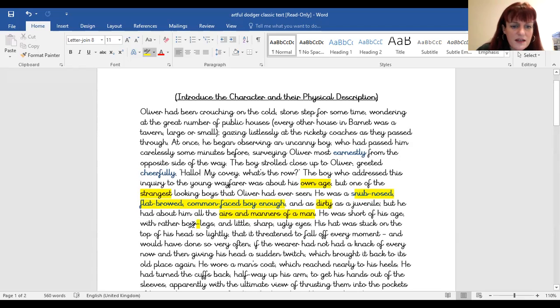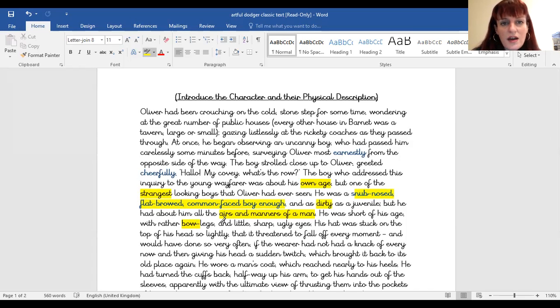It also tells us that he has bow legs. Okay, so bow legs, where they bend outwards, can be a sign of a disease called rickets, where people don't eat enough vitamin C. Okay, that generally comes from fresh fruit and vegetables.